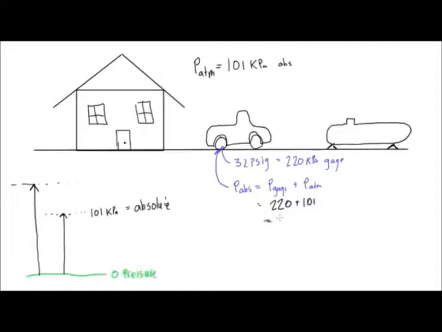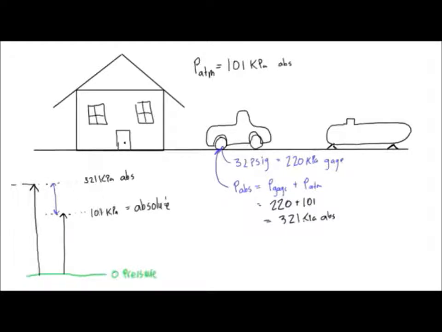So this is equal to 321 kilopascals absolute. Right, so this is 321 kilopascals more than our zero pressure reference. Okay, so we can write that here: 321 kPa. This is absolute. And then what we get in here is this difference.